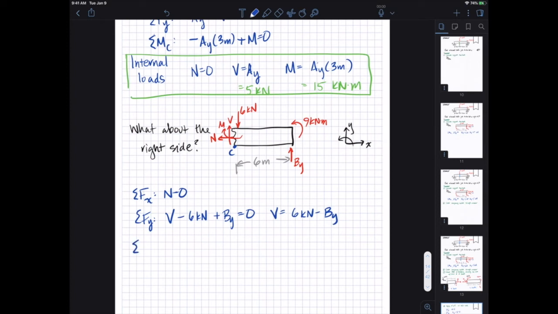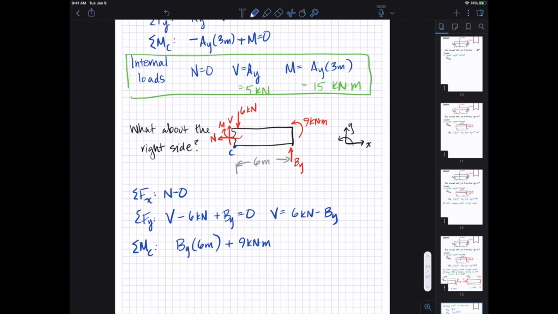And if we again take the sum of moments at C, we see that BY now has a moment arm of 6 meters, and there's our applied external moment of 9 kilonewton meters. The 6 kilonewtons does not contribute to a moment at C, neither does the shear, and of course the normal is 0 anyway.